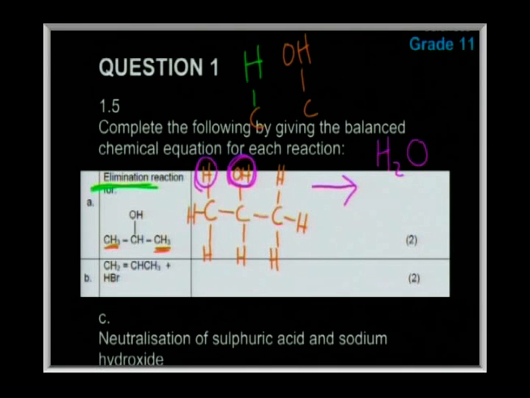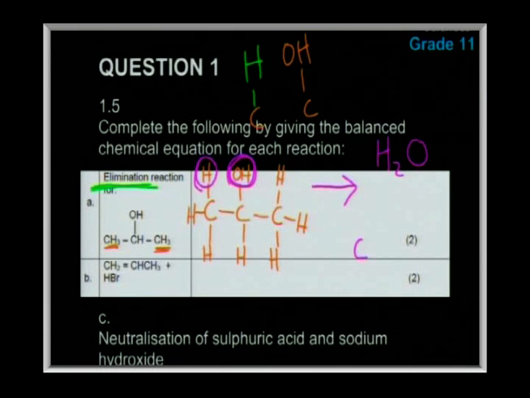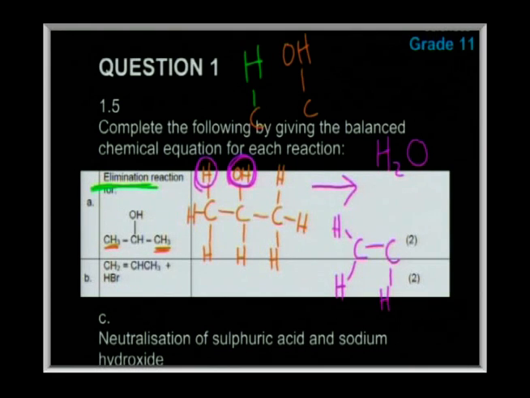It's actually just easier in most cases to have a visual tool. So what's going to happen is this first carbon is now only going to have 2 hydrogens on it. Fine, because the one is gone. The second carbon has lost the OH, and whenever something gets eliminated, I need to have an extra bond, because otherwise I'm going to be sitting with an unstable carbon. So there's my double bond, and then on this side I'll still have my CH3.